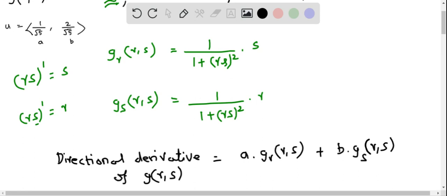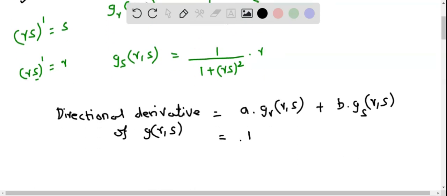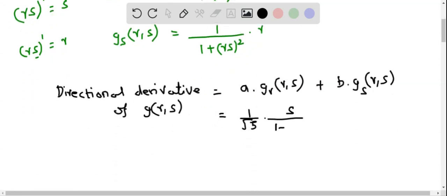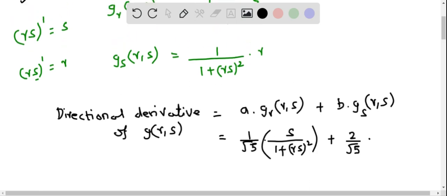Plugging in a equal to 1 over root 5, this becomes 1 over root 5 times s divided by 1 plus rs quantity squared, plus b, which is 2 over root 5, times the partial derivative of g with respect to s, which is r over 1 plus rs quantity squared.